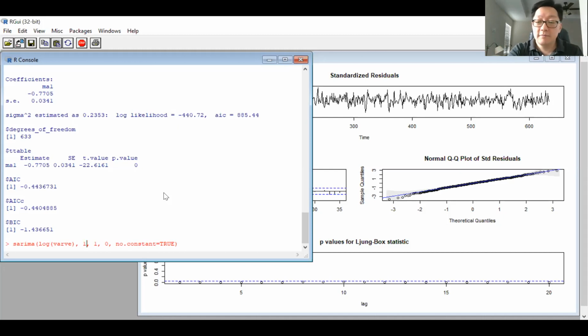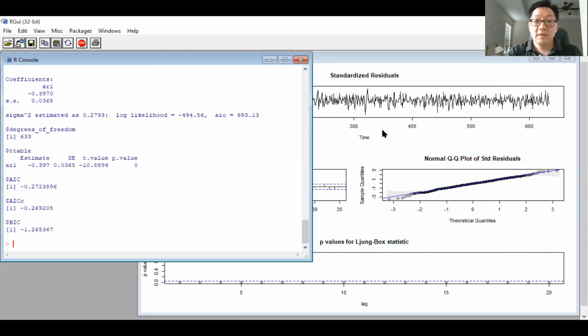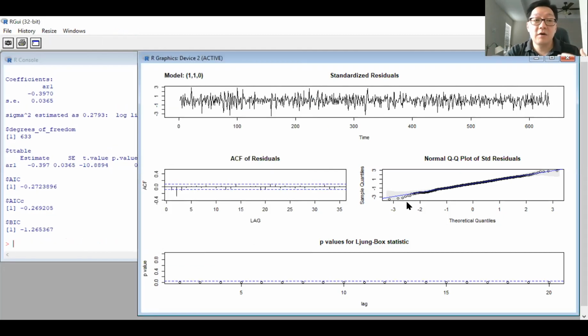See, even though I'm trying the AR1 model, this one is a little bit bigger, it's an ACF, right? But the picture still looks good and normally distributed, and there is still a very small p-value. So that is the problem.